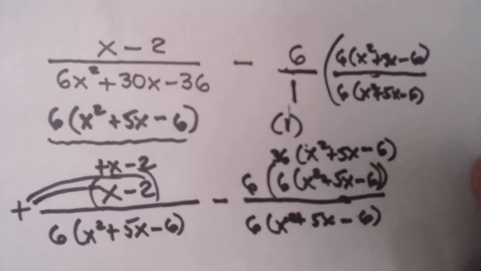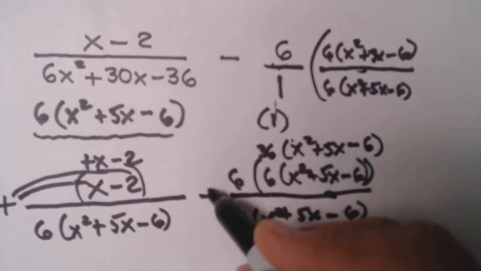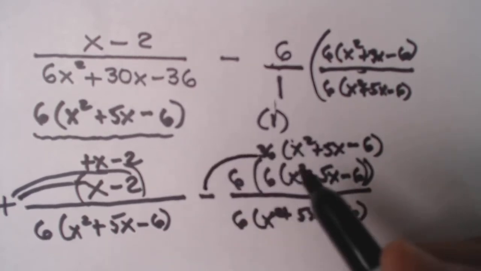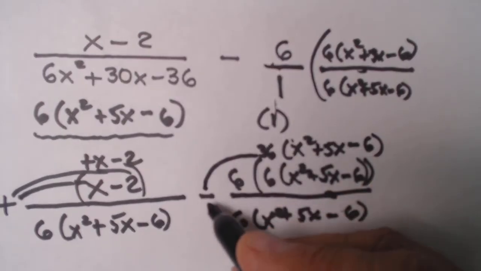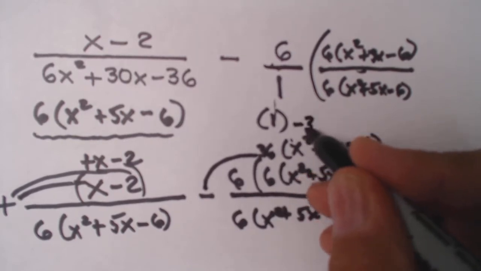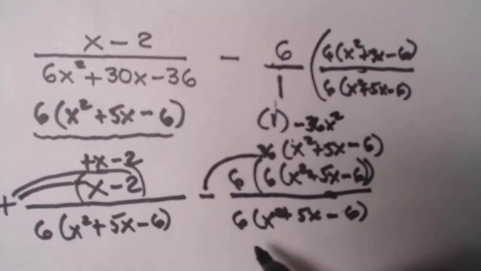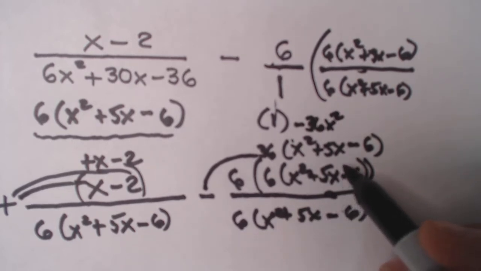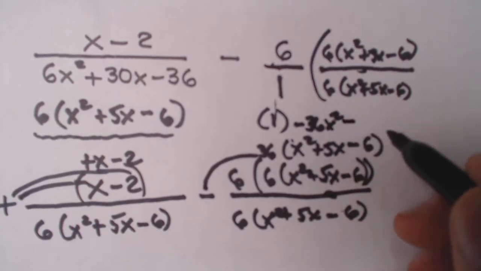Okay. Now, let's distribute this in to see what we get. And I'll have to write them up here in the corner a little bit. But remember now, there was a minus in front of this, so this minus gets glued to the 36. So I've got minus 36 distributed in. This is negative 36x squared, negative 6, or negative 36 times 5x, minus times plus gives me a minus.